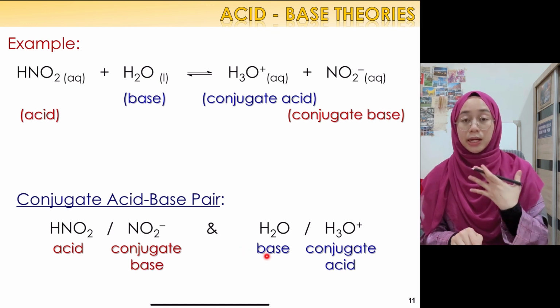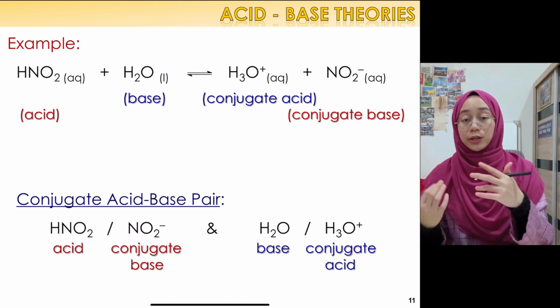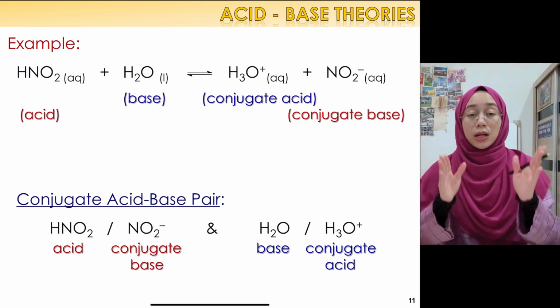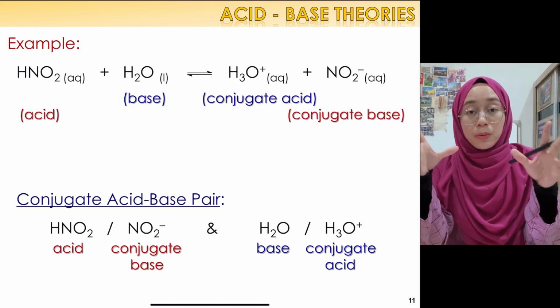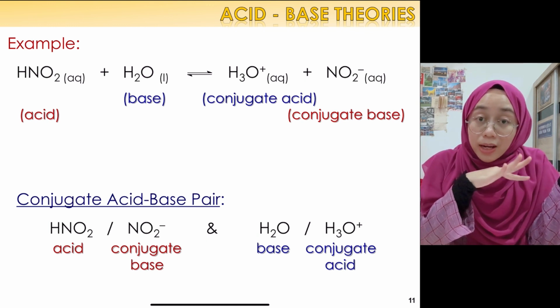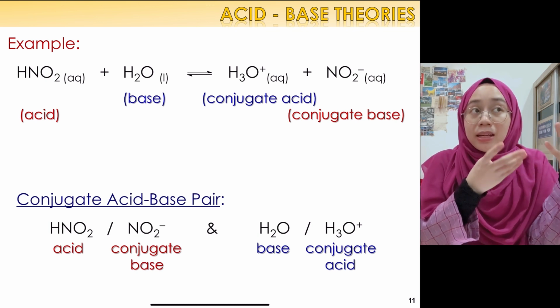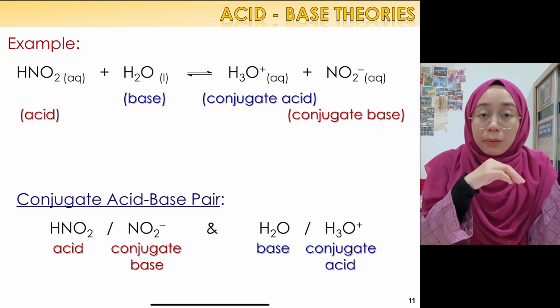So basically water dia act sebagai base, tapi lepas dia dah accept proton, so dia jadi H3O+, so dia akan jadi conjugate acid now. Okay, so keep in your mind class, conjugate punya bahagian adalah sebelah bahagian produk. Okay, so conjugate adalah hasil daripada acid ataupun base accept ataupun donate proton.